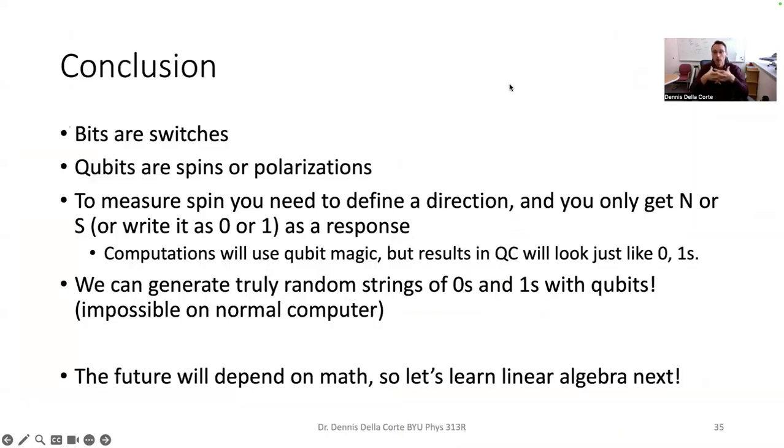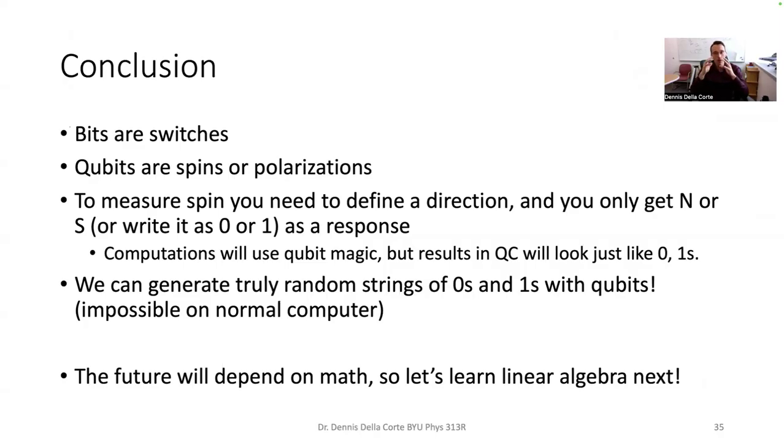So, conclusion. We have seen that basic classical computing is made up of bits, and they can be represented as switches. And they are really great at approximating everything a human can do. Qubits need something else to represent them because they are not just in these clearly defined states, but in these weird in-between states that on measurement knock down into a specific outcome. And so spins and polarizations are possible ways of doing that.